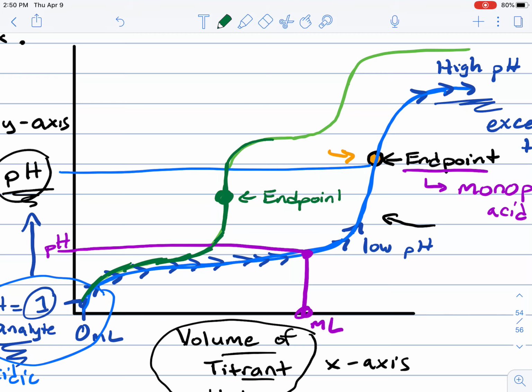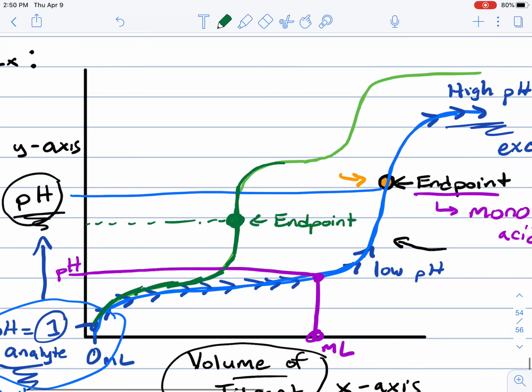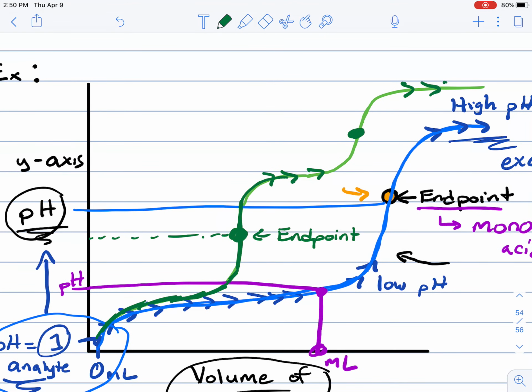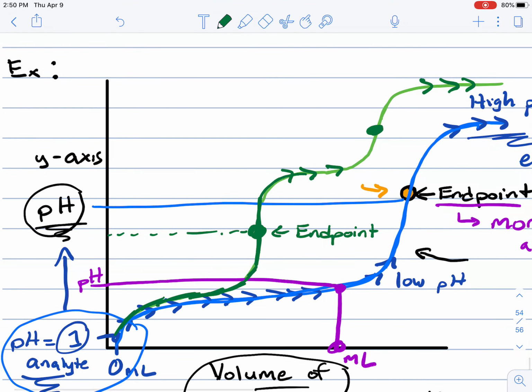So this is going to represent the pH of the first endpoint. And if you continue your titration, notice that you'll have a second steep curve. And this second steep curve, once again, represents the pH, but instead of the first endpoint, it's going to be the second endpoint.